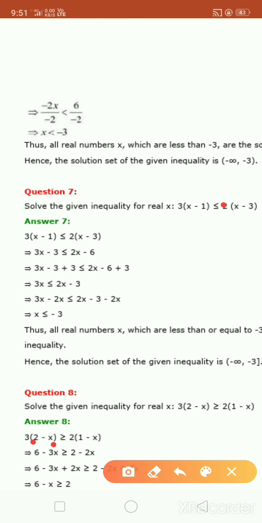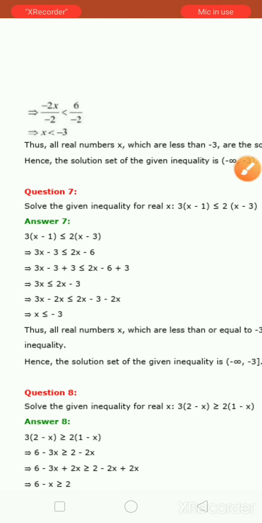Again, they have done 6 minus 3x plus 2x, because they removed the one variable term there, so minus 2x. So add 2x on both sides, and you will get minus 3x plus 2x will be minus x.